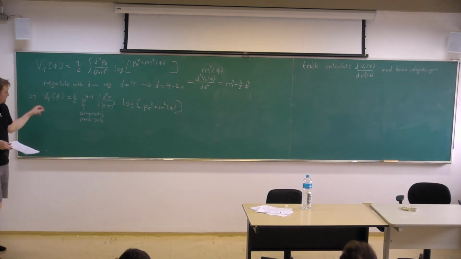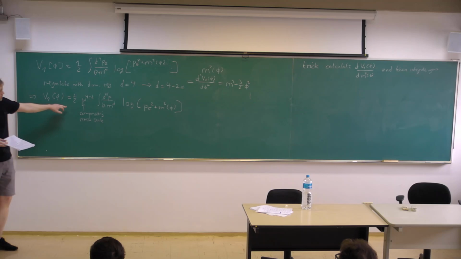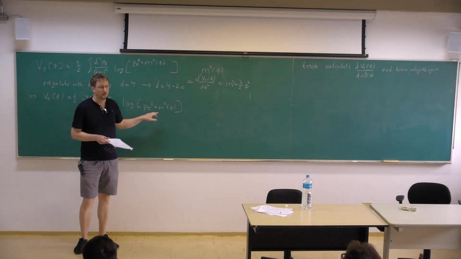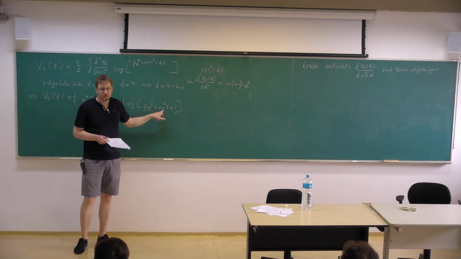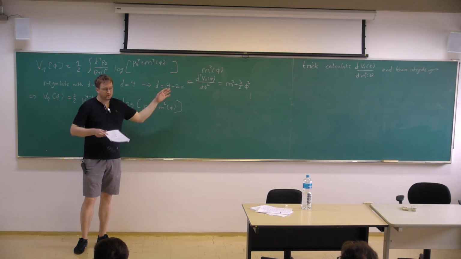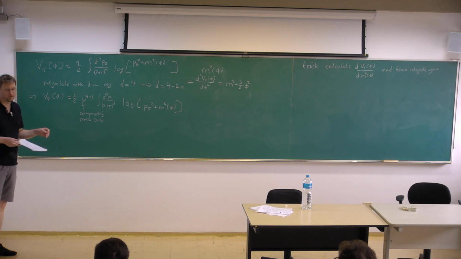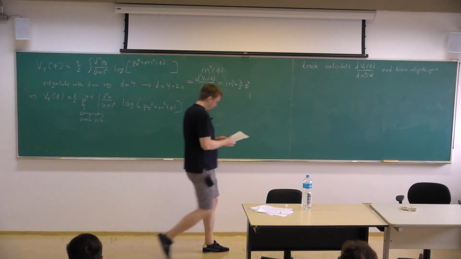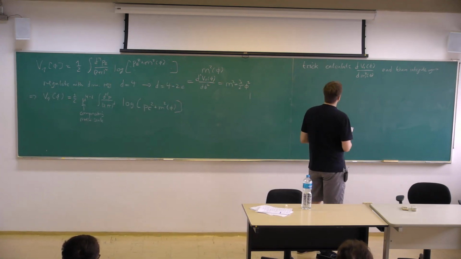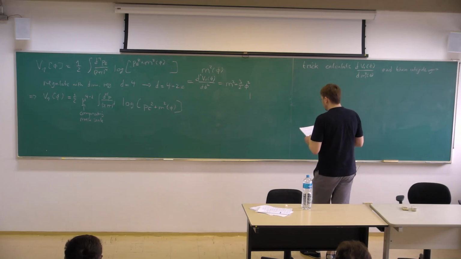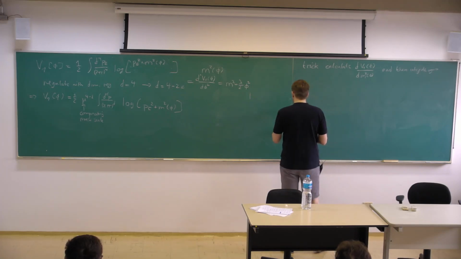And so what I could miss, if I do this, is some constant that is independent of m squared of phi. But again, that's just a contribution to the cosmological constant that we don't worry about here. We are only interested in phi-dependent terms, so it should be a safe procedure. Okay, and now we're using kind of the master formula of dimensional regularization.